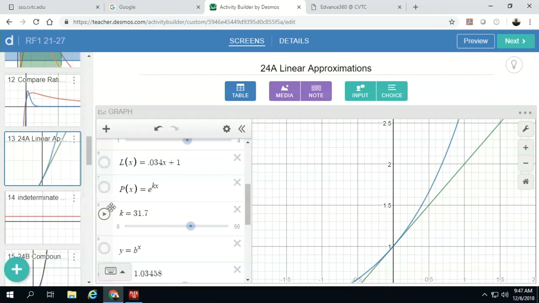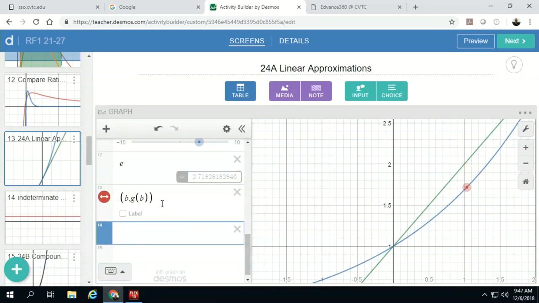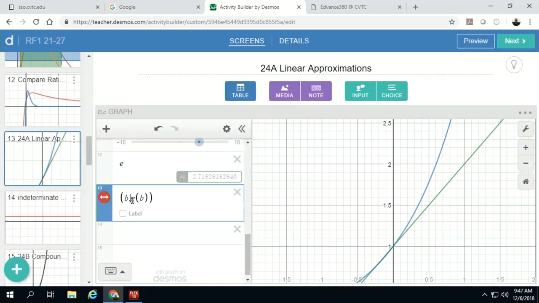Oops, that's not the one we want to play. Okay, so yes. What am I doing wrong? Why is it going straight up and down? Let's see. B, comma.